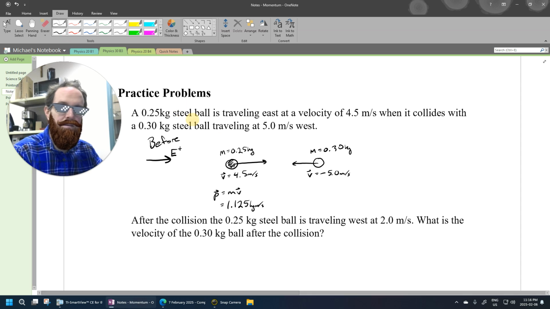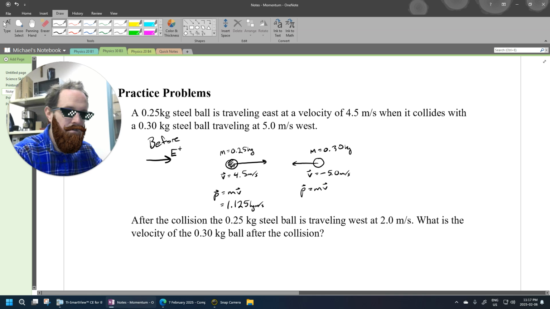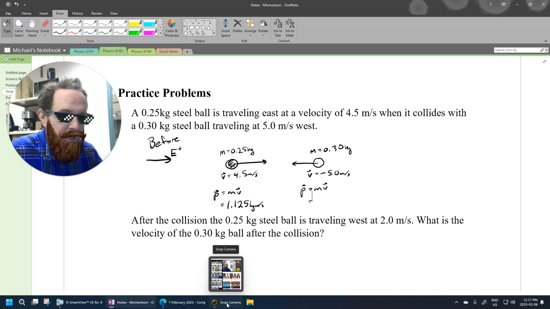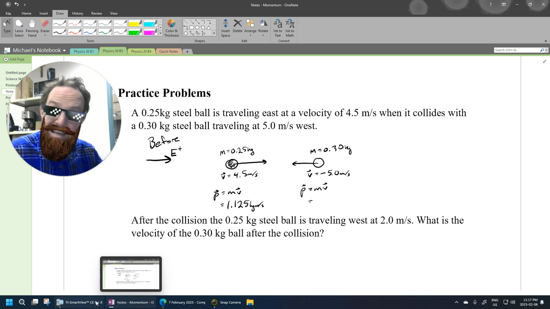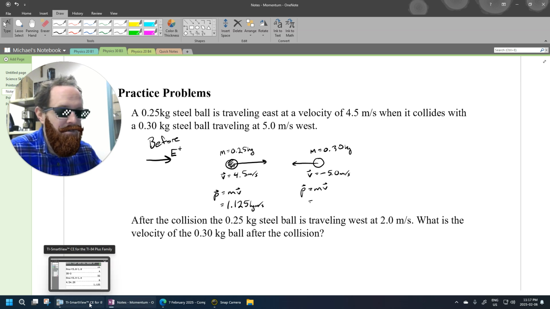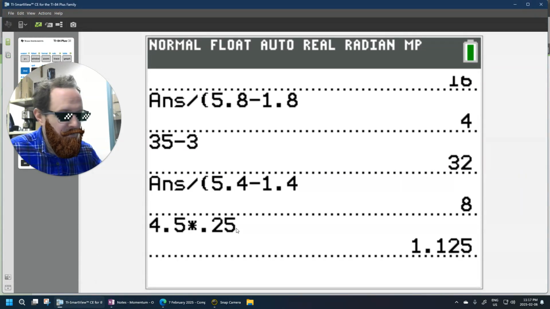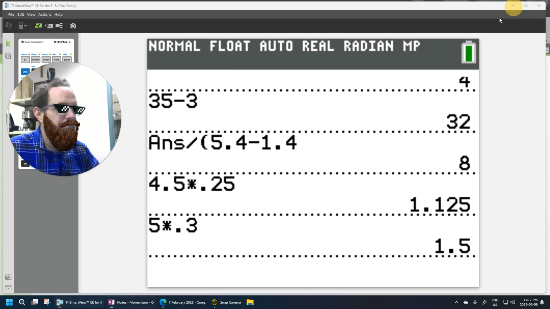Okay, do the same thing. The momentum of this ball before the collision. So it's probably going to be 1.5, but let me double check. Negative 5 times 0.3 is 1.5, but negative.